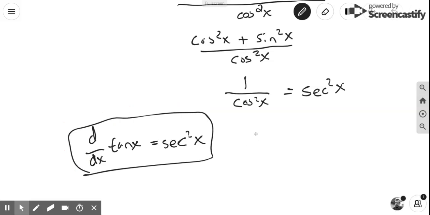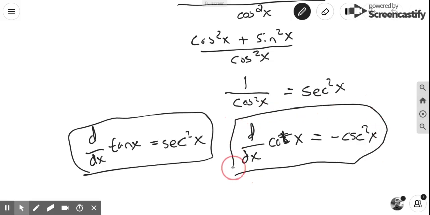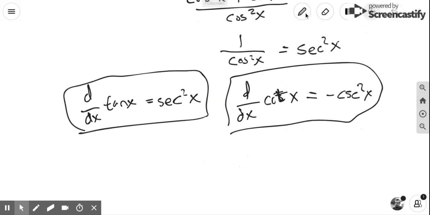We could do a similar process and look at the derivative of cotangent. You could rewrite cotangent as cosine x over sine x and do a quotient rule, much like we just did there. If you work that out, you would get negative cosecant squared x. The last two, secant and cosecant, we could do with a similar process.